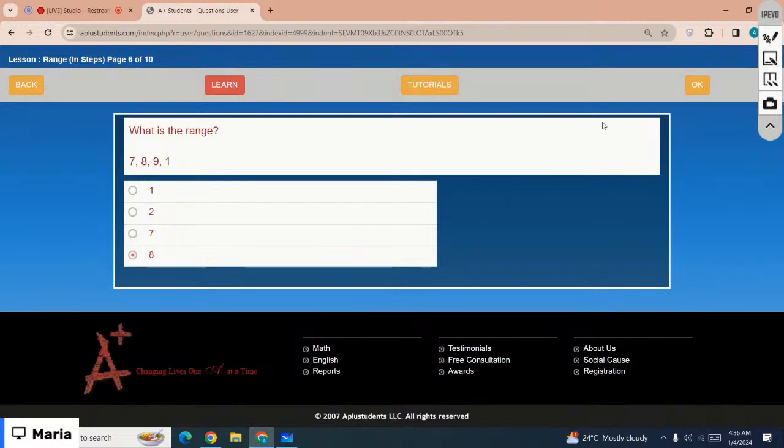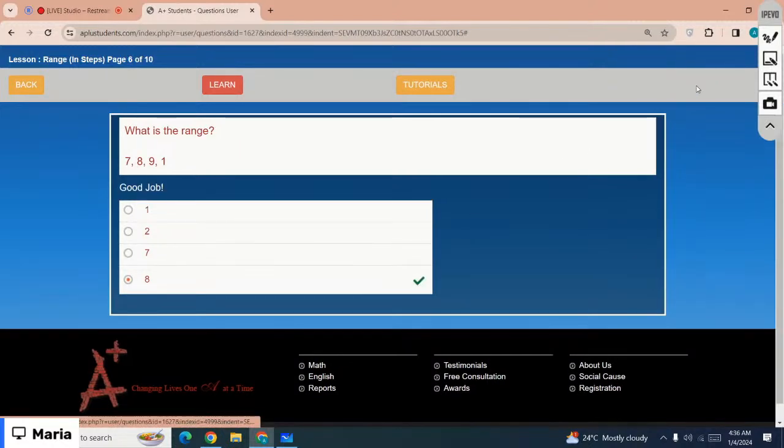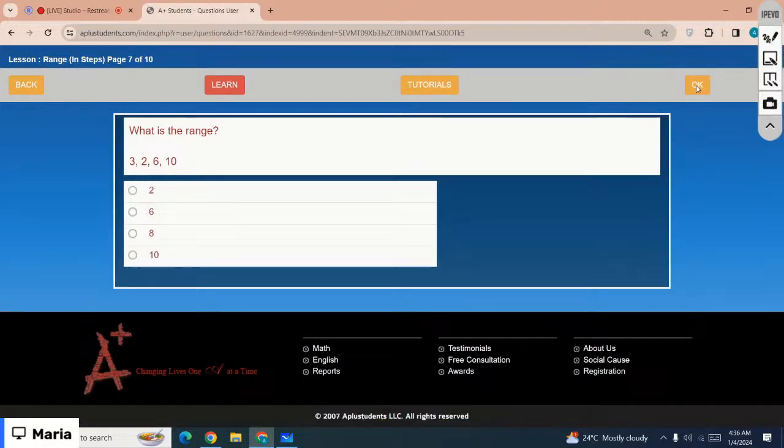The correct option is 8. What is the range? Which is the correct option? What is the range? That is 10 minus 2. The correct option is 8. Got it?